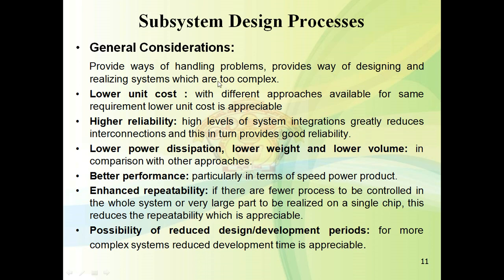If you want to design a complex system, there are different ways, and among them we must find which system or pattern will be optimum, which way provides a better idea with low cost, high reliability, low power dissipation, and better performance. This will be the end product or market customer requirements.